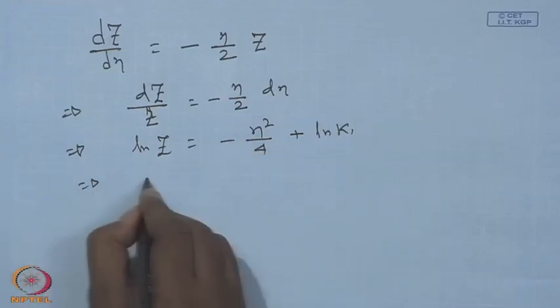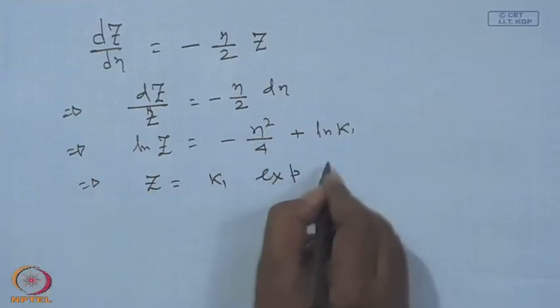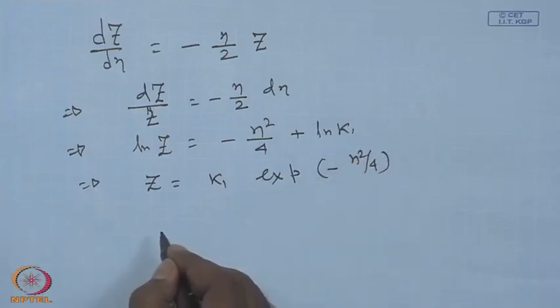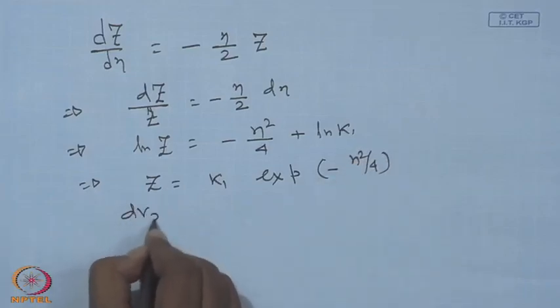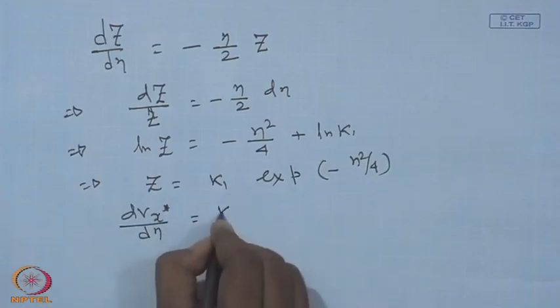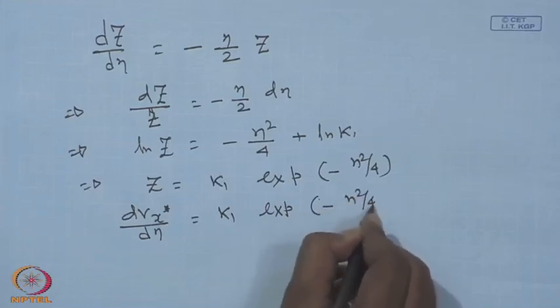So, z becomes k 1 exponential minus eta square by 4, and z itself is d v x star d eta, equal to k 1 exponential minus eta square by 4.